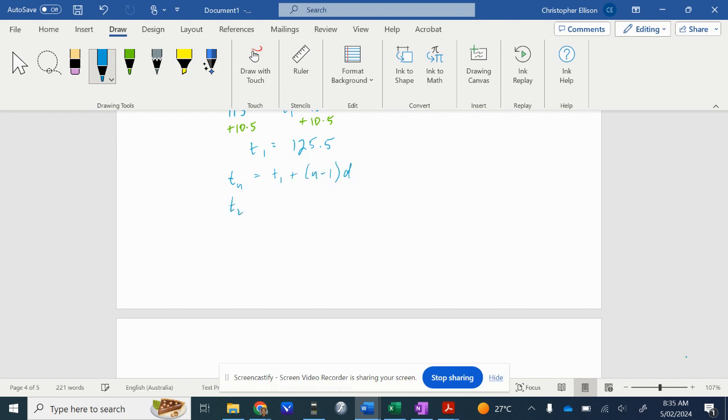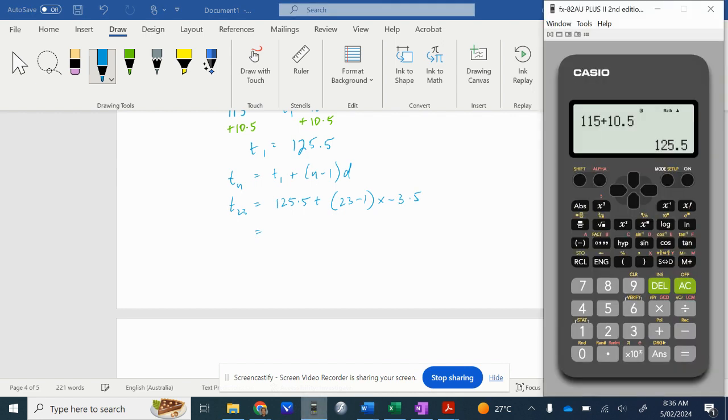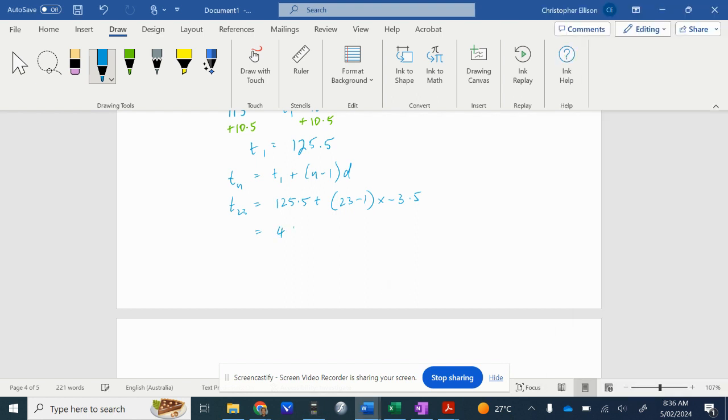So T23 is equal to T1, which is 125.5, plus N, which is 23. 23 minus 1, multiplied by negative 3.5 was our D. That gives 48.5.